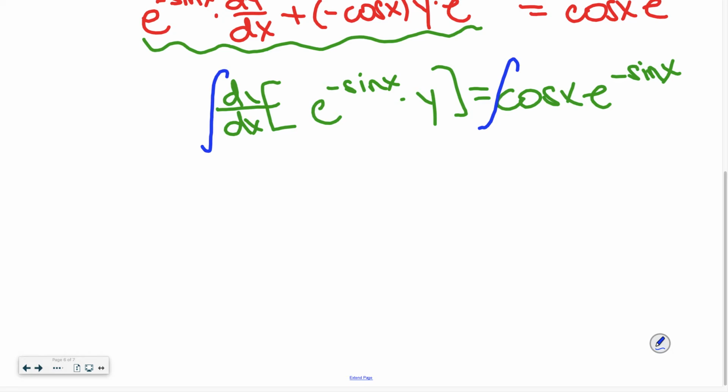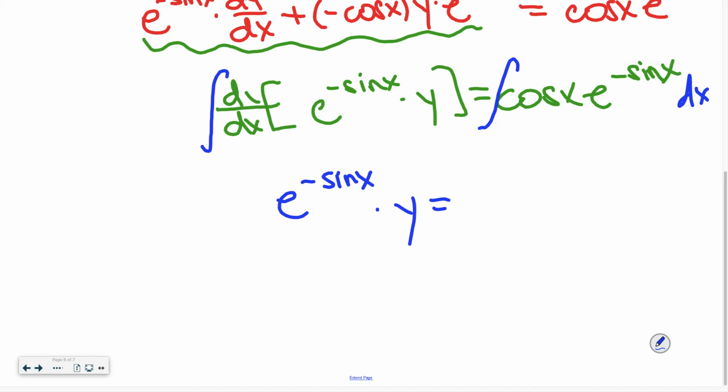Bring it back. Integral of a derivative goes away. And how will I perform this integration over here? Please don't tell me you have to do u substitution. People ask, what does u need to be? u is sine of x, du is cosine of x.